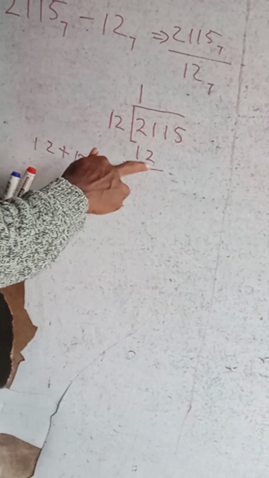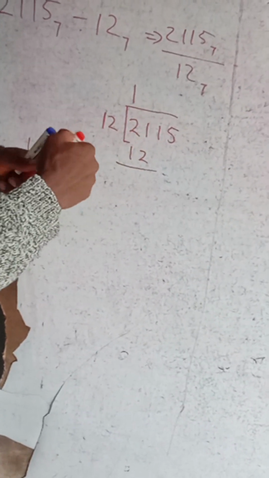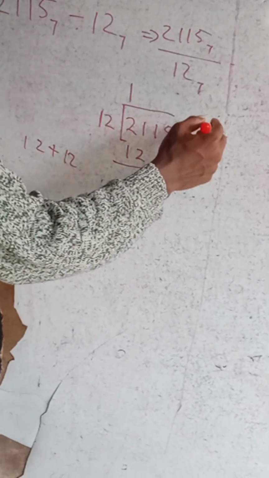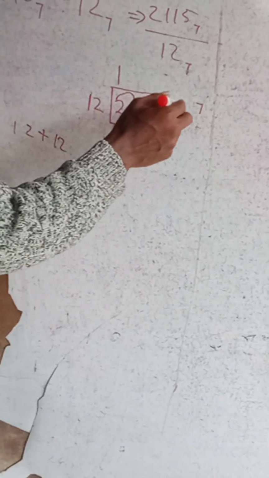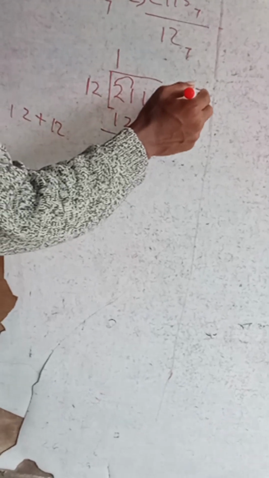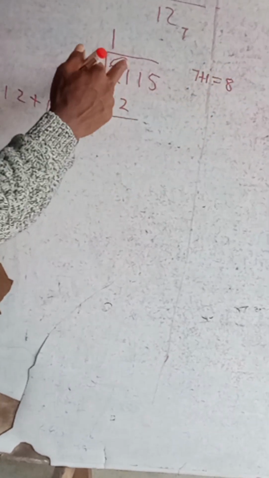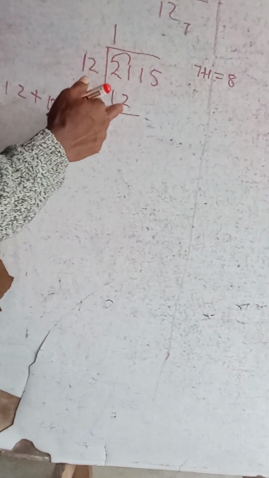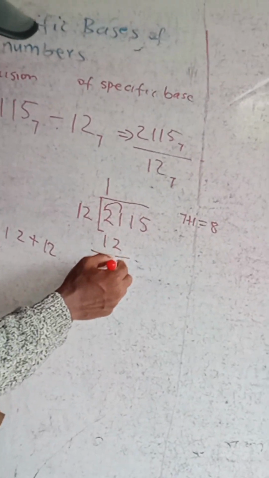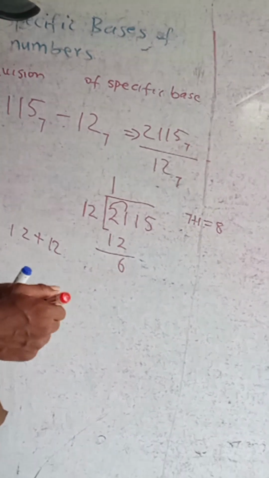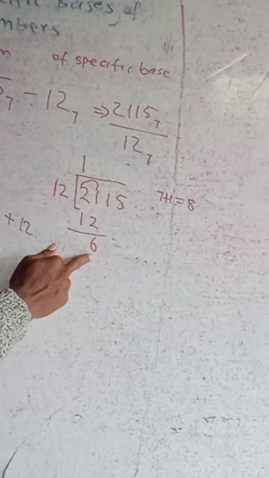Since 1 cannot minus 2, you go to the next value and borrow 1. The one you borrow from this 2 to this one is 7. So 7 plus 1 is 8. So you have 8 here. So 8 minus 2 is 6. You understand? 8 minus 2 is 6. 6 is less than 7, so you can write it down.